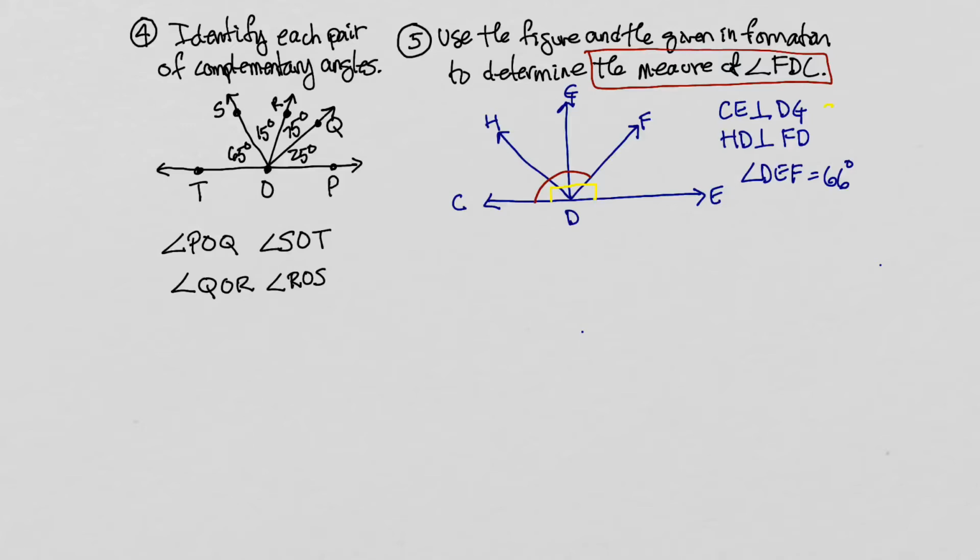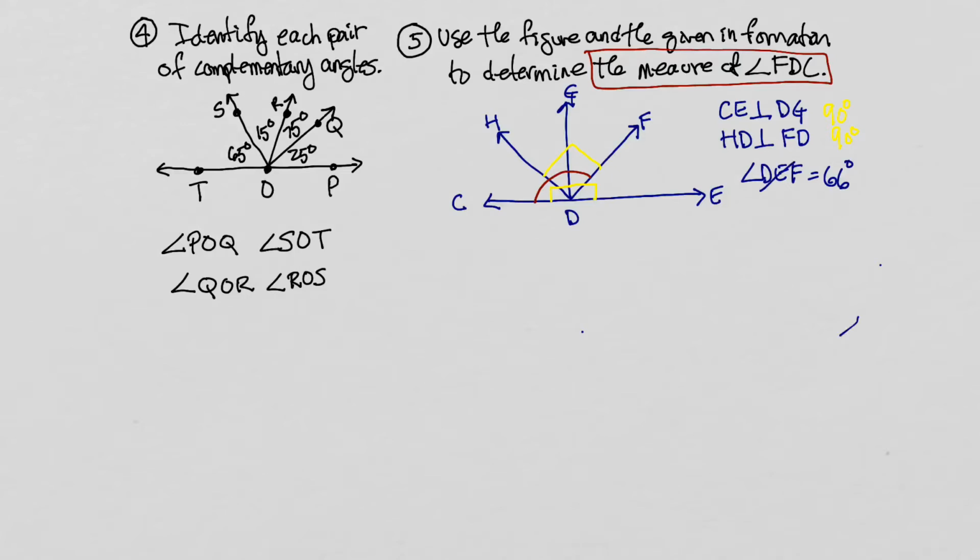So that means these angles are at 90 degrees to each other. And then also, HD, here's HD, that's perpendicular to FD. So this angle and this angle right here is 90 degrees. Let's mark that, a big 90 degrees. So we've got a 90 degree there.